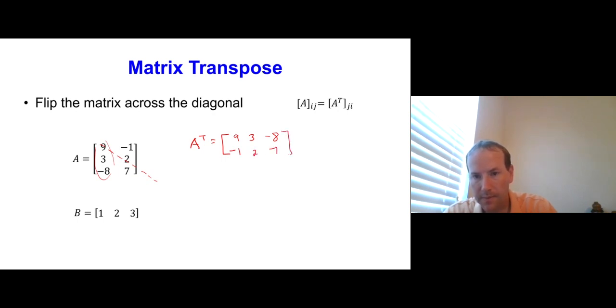2, 7. Okay, and we can also do that for a row vector like this. So B^T equals, and so we have a row vector, then it's going to flip to be a column vector: 1, 2, 3.